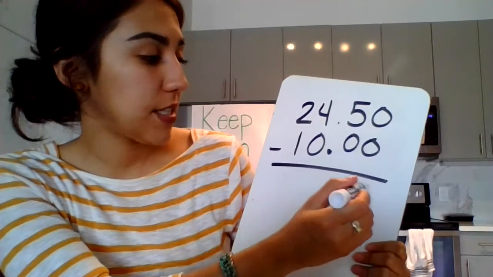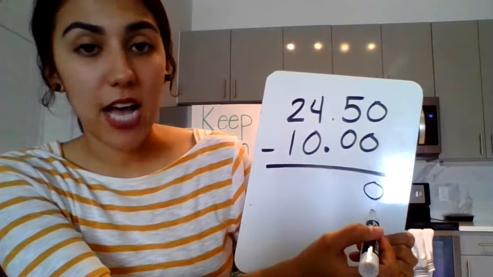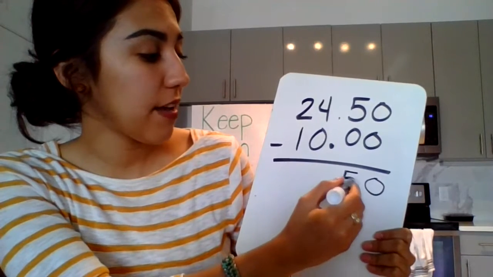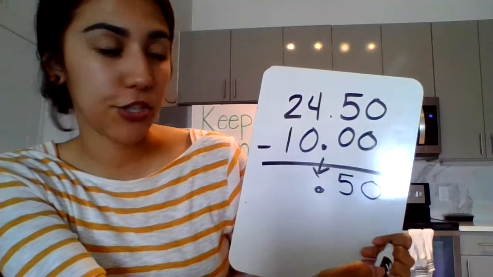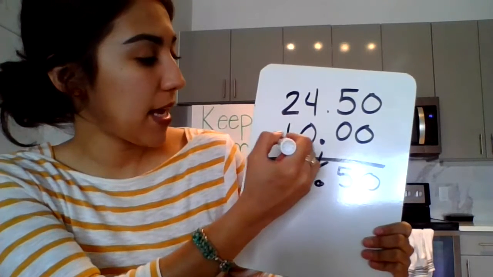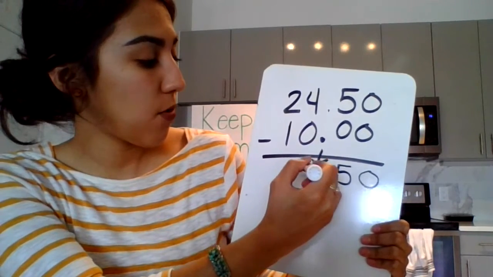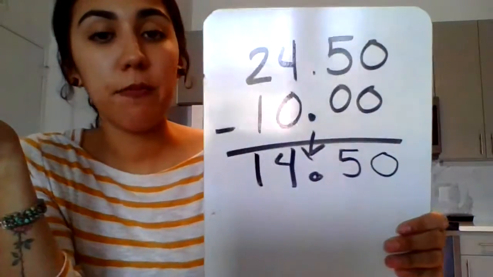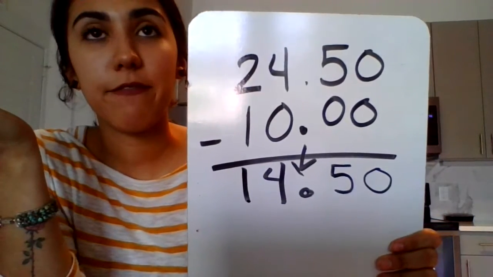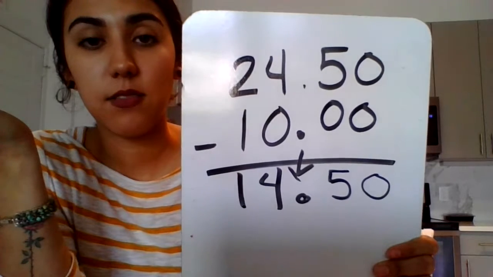So 0 minus 0 is 0. 5 minus 0 is 5. Drop your decimal straight down like the buttons on your shirt. 4 minus 0 is 4, and 2 minus 1 is 1. Your missing part is 14 and 50 hundredths.